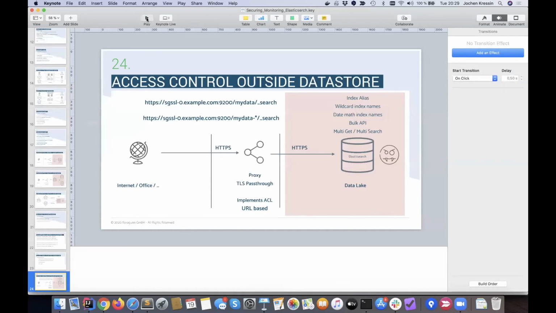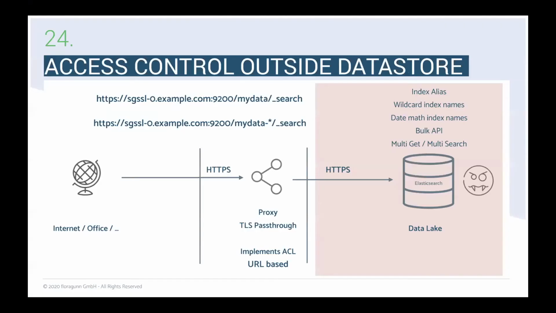So the next one is, I was talking about micro perimeters. So you should actually move the security solution as close to your system as possible. Why? Let's have a look at this particular example. This is a traditional flawed setup where one sets up a proxy, could be, for example, Nginx, and implements ACLs, access control lists, based on URLs.